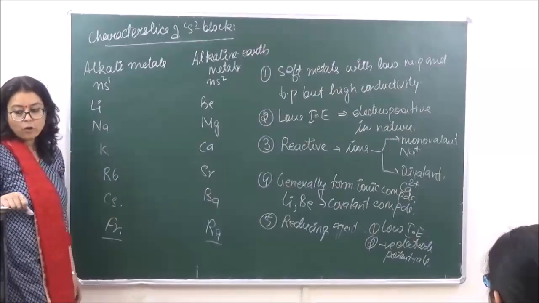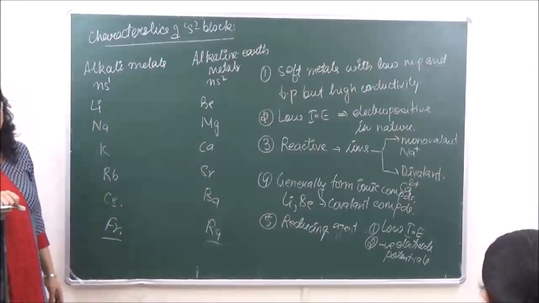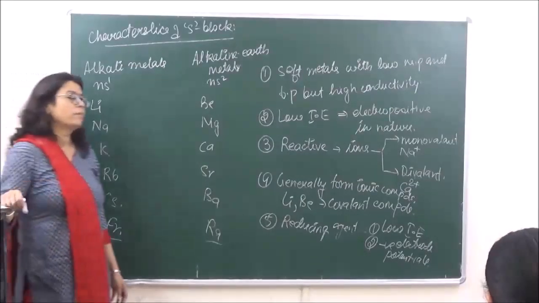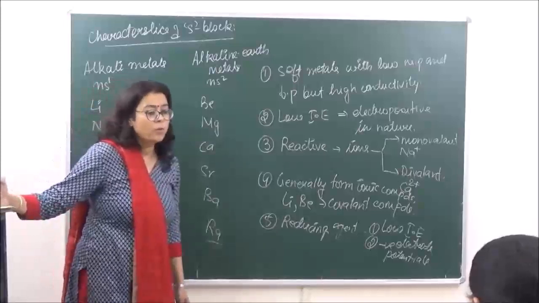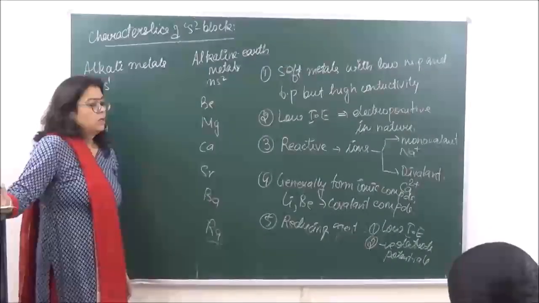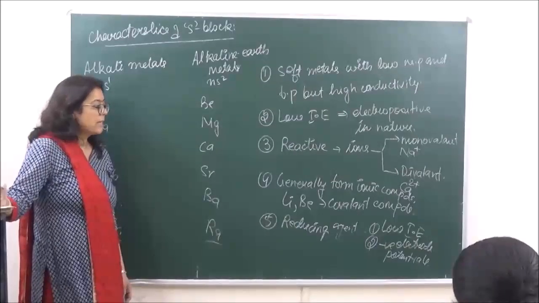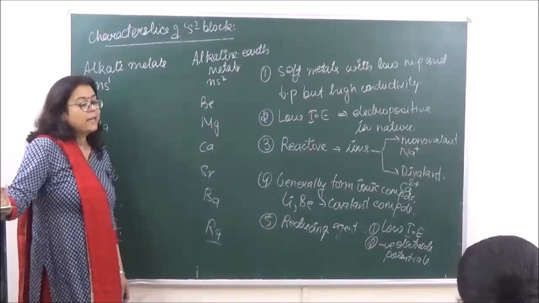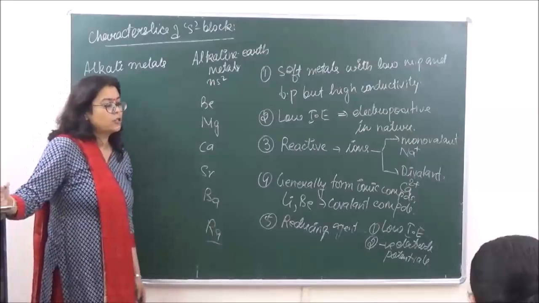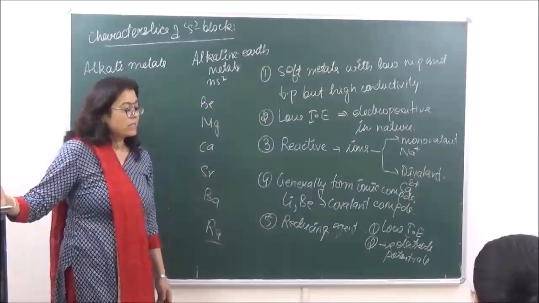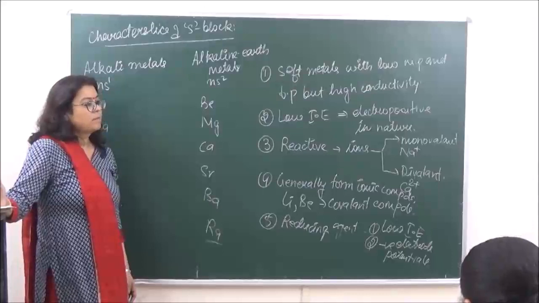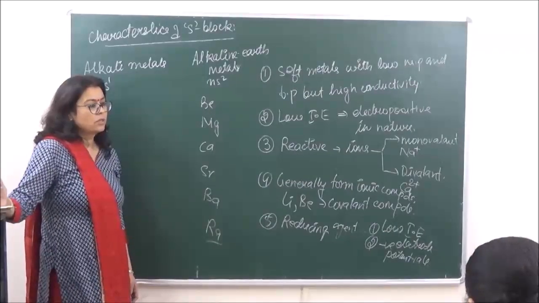Right? So that is one drawback over here, and they have great affinity for oxygen and non-metals because they are highly electropositive in nature. Therefore, they have great affinity for oxygen and non-metals, and their oxides are basic in nature.